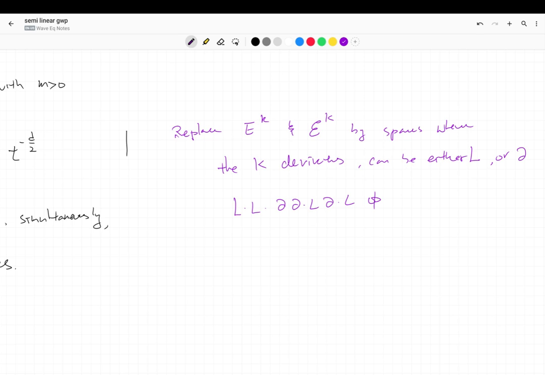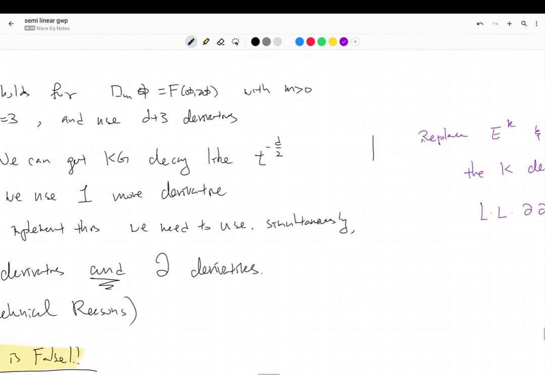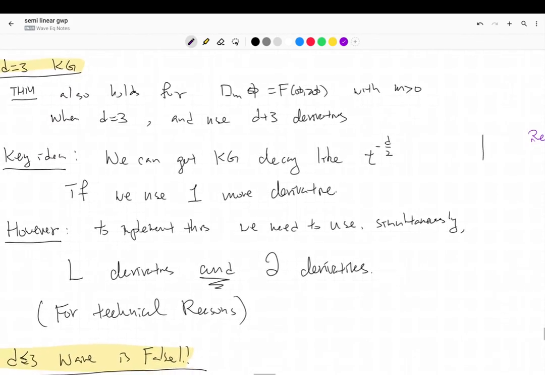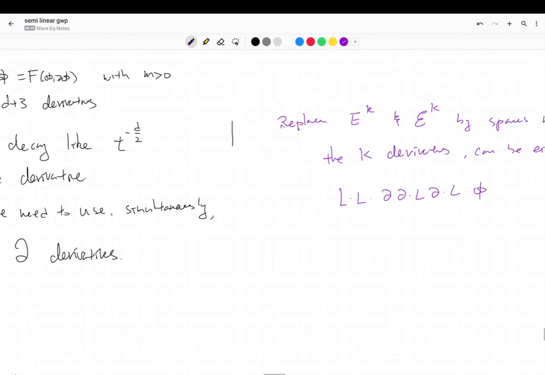You just have to keep track of the fact that you have to worry not only about L derivatives but also partial derivatives and make everything fit together in exactly the right way. The incorporation of partials here really is because the nonlinearity depends on partials of phi, and if we want partials of phi to be decaying like t to the minus d over 2, we have to make that part of the energy that we control.